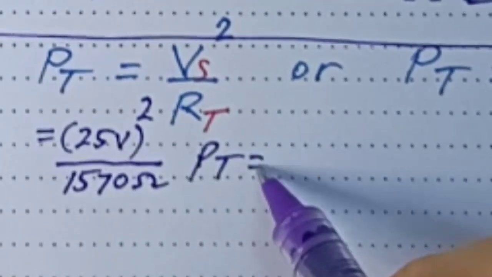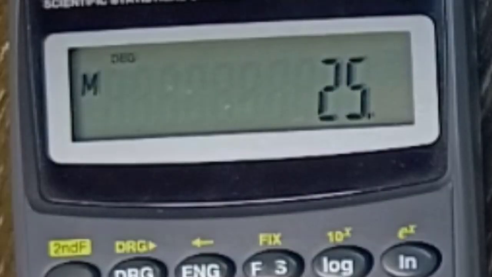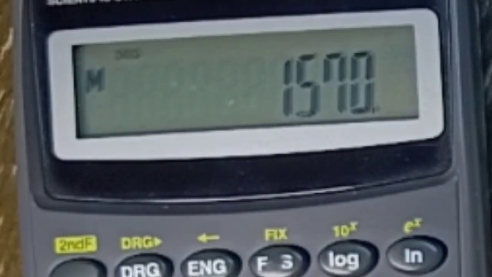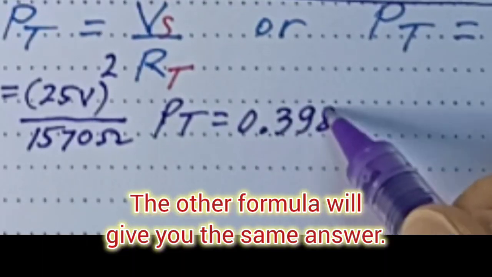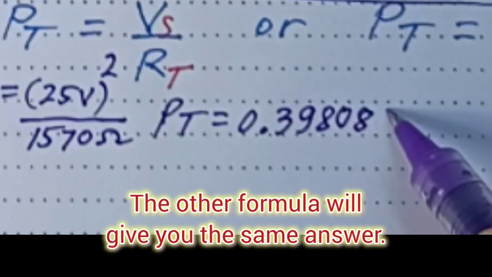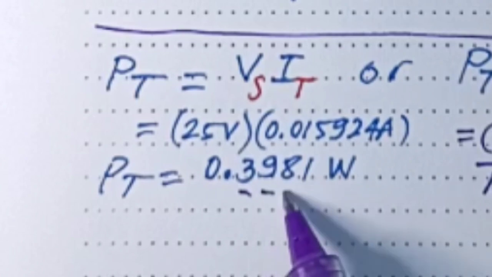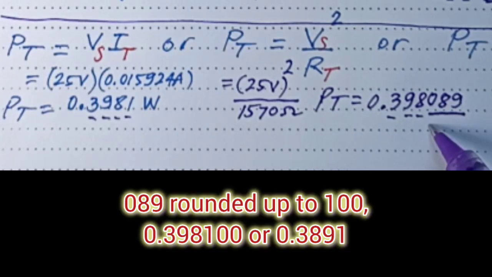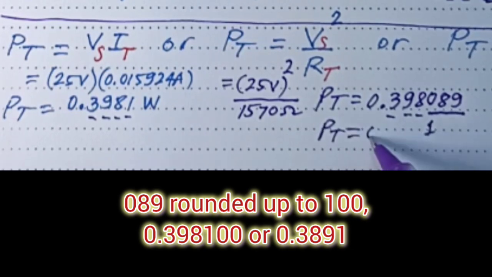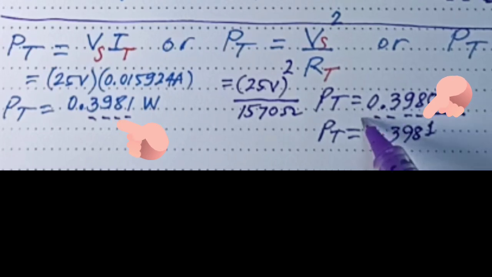We will get the value of the total power. 25 to the second power divided by 1570 equals 0.398089172. If you check, 3981 versus 3980, but if you round the 0.89, it will become 1. Therefore, PT is also equal to 0.3981 if you want to make it exactly the same with this. See?